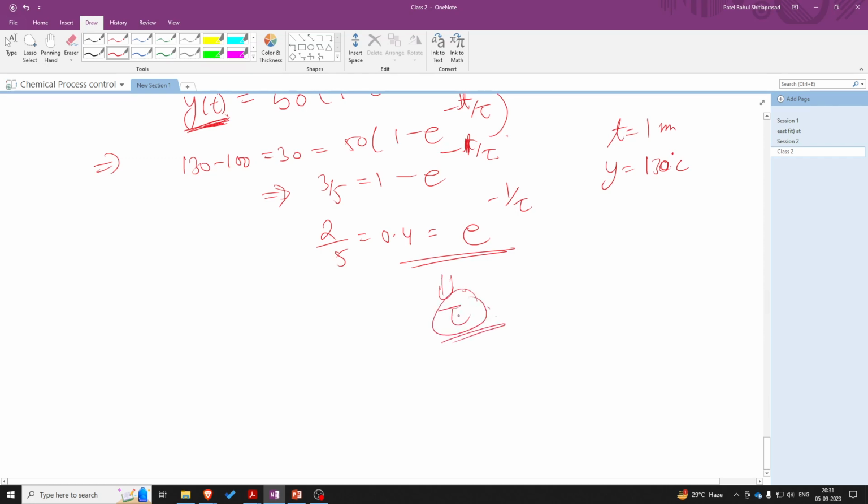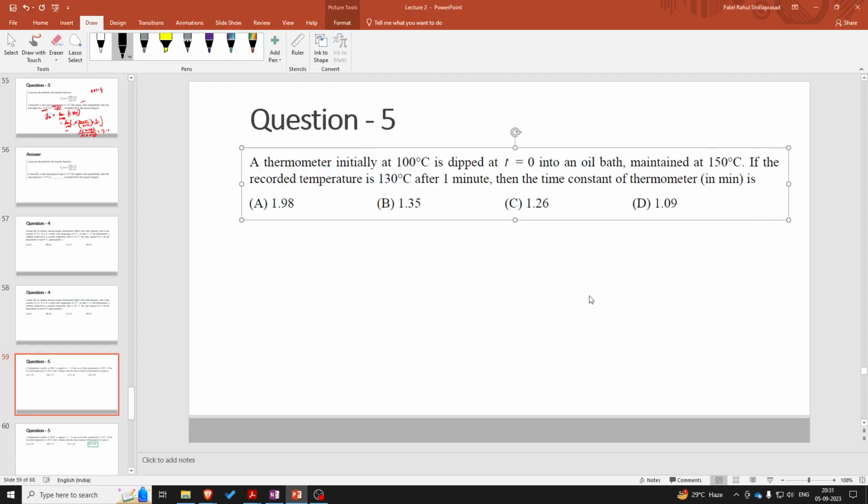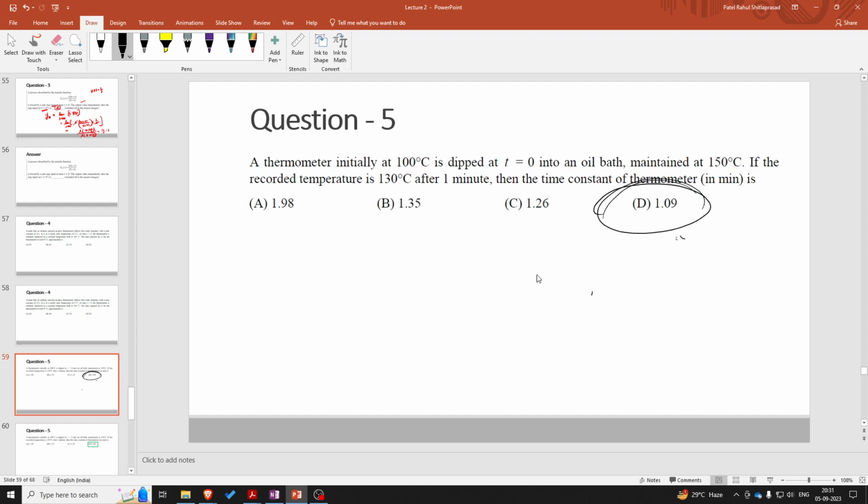For this system, the time constant will be around 1.091. You can take the log of this equation and then take the inverse, that is basically 1 upon ln of 0.4, so it will give you 1.091. So the time constant for this case will become 1.091. That is our final answer.